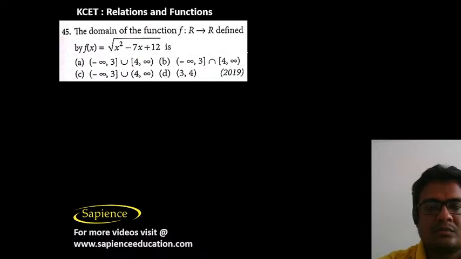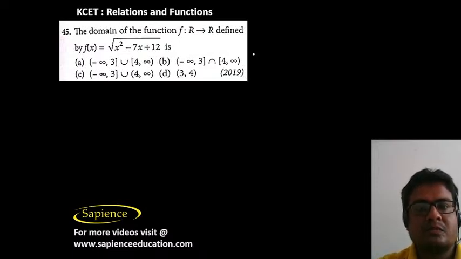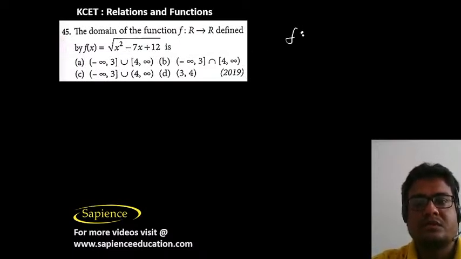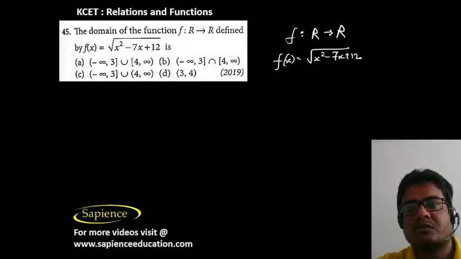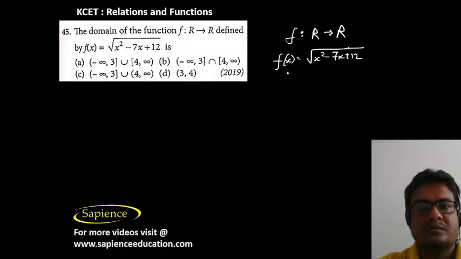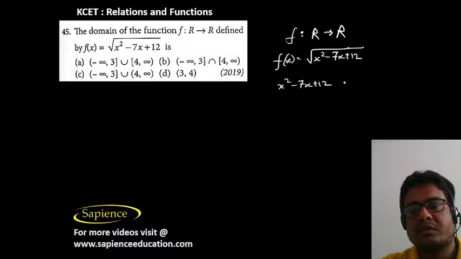Then question number 45: the domain of the function f, which maps from R to R and is defined as f of x equals square root of x square minus 7x plus 12. We have to find the domain. Here x square minus 7x plus 12 should be greater than or equal to 0.